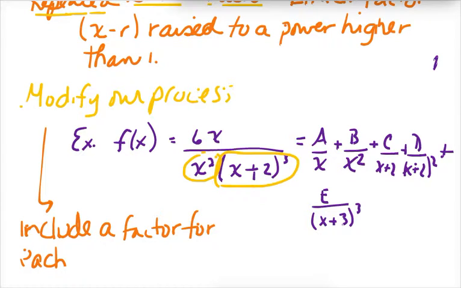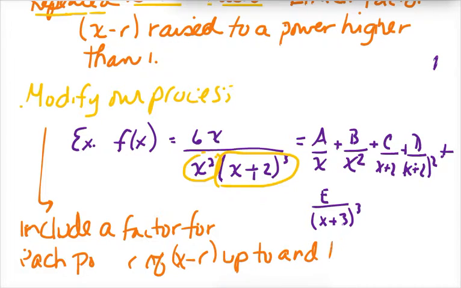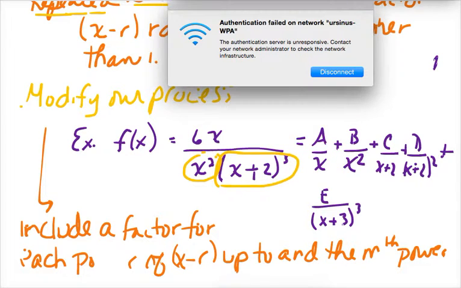So for each power of x minus r, up to and including the last power, I'll just call it the mth power. If this would be m in this case, m is 2 in that case.